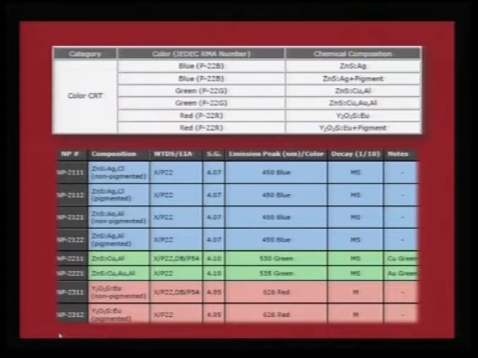As you see in this slide, again the whole thing is given, and one of the unique things that we see in these CRT phosphors is that they are coded with specific numbers. So, depending on the numbers, it is possible for us to categorize what sort of compound is used for that particular application.